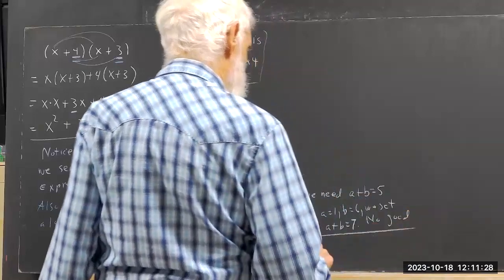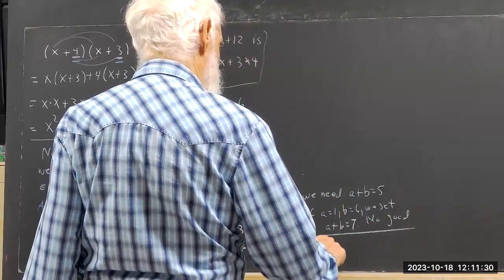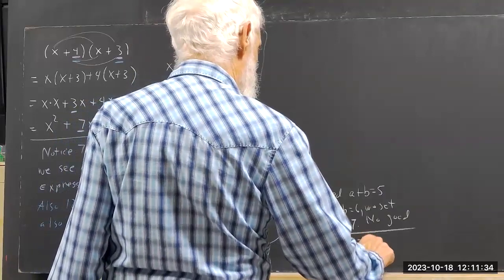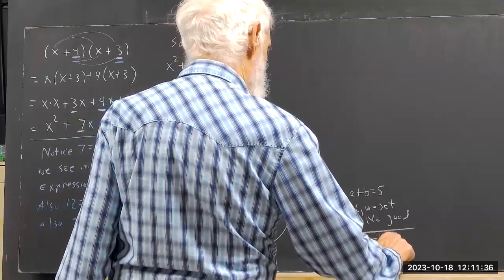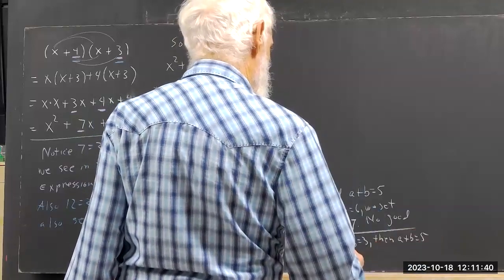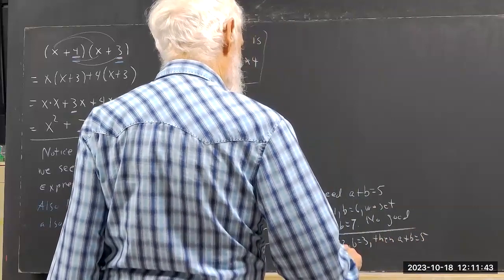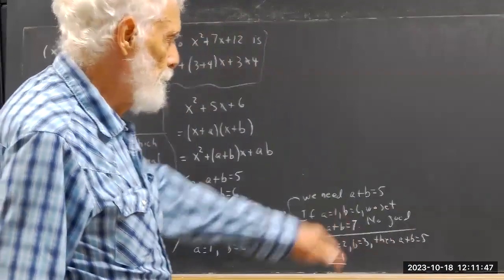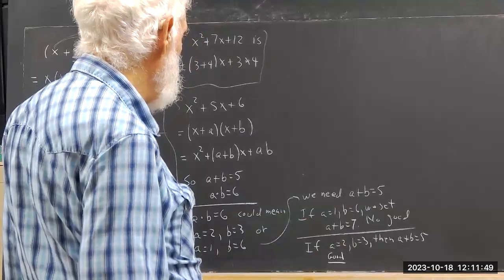That's not good. If a is 2 and b is 3, then a plus b equals 5.